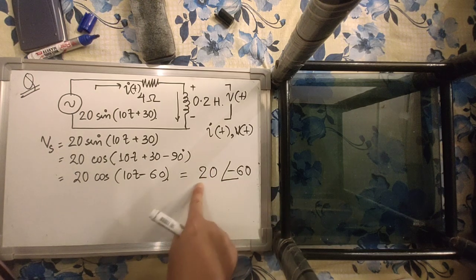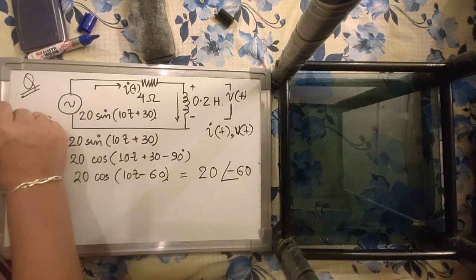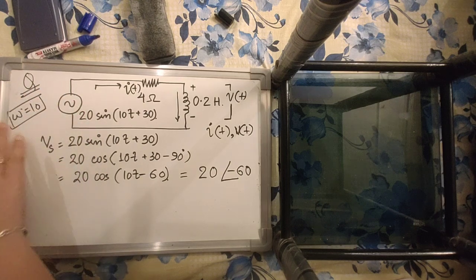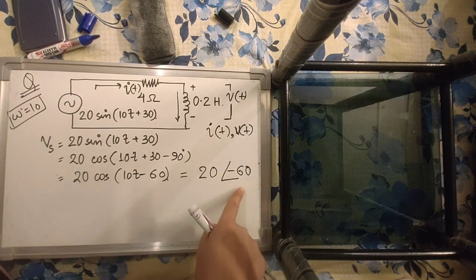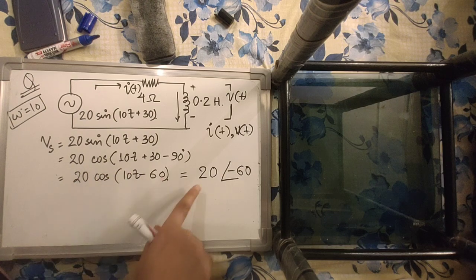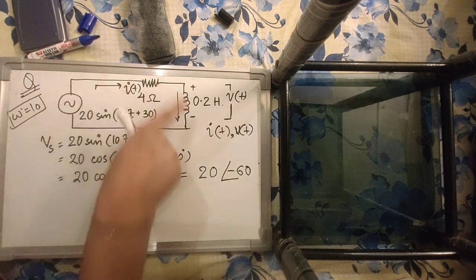So I have information of the magnitude and the phase. Frequency, I can just remember that omega is equal to 10 for my circuit, right? I just remember that information, and the phasor is preserving magnitude and the phase. So this is my source phasor, and now I have to find I, which is the current phasor.